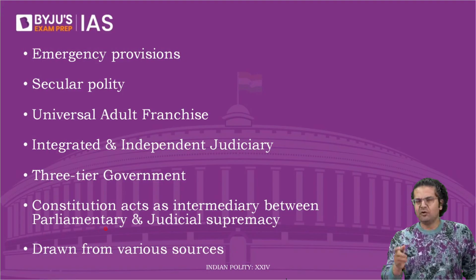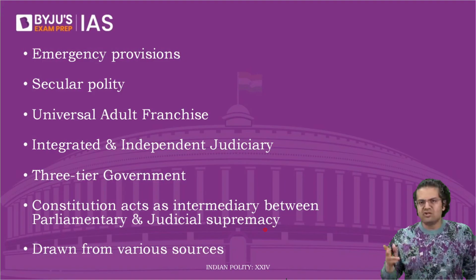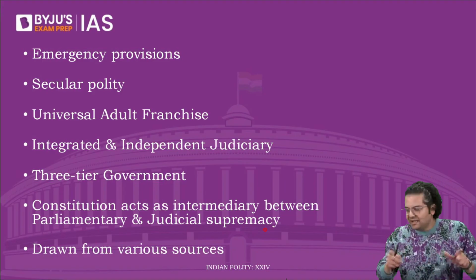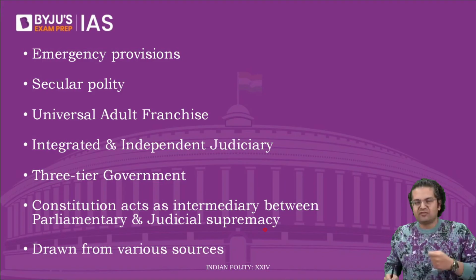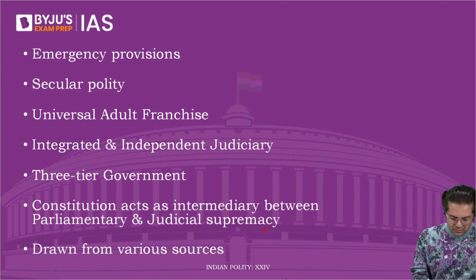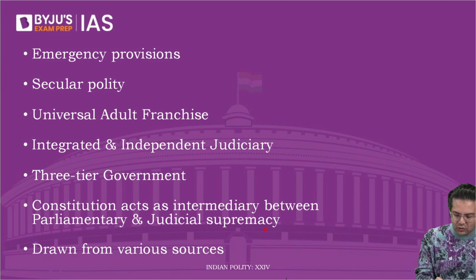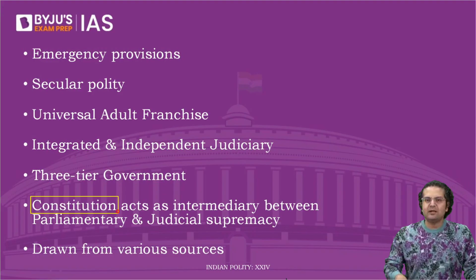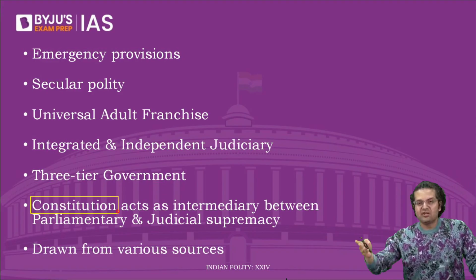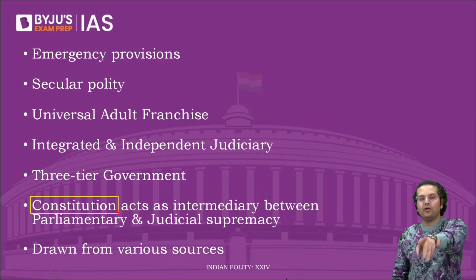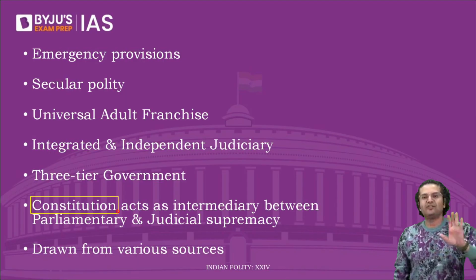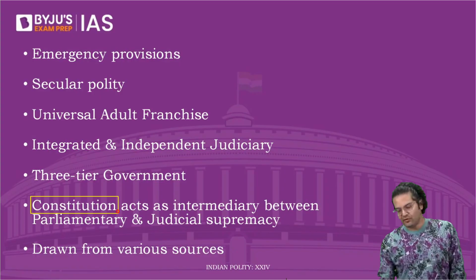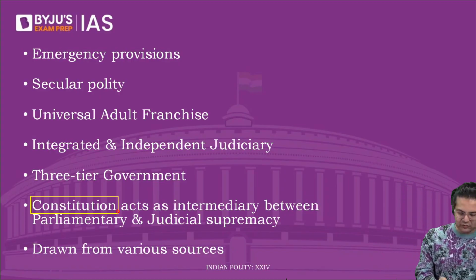Did you observe during rights chapters that the parliament and judiciary would keep on fighting? But ultimately, everybody tries to justify their action on the touchstone of the constitution because this is supreme. That is why the government, the officers, the judiciary, they all are saying we are following the constitution as per the constitution. And of course, it is drawn from various sources.